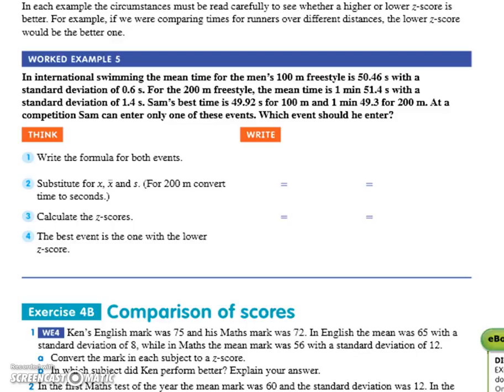So this particular question is a swimming one. It says in international swimming, the mean time for the men's 100-meter freestyle is 50.46 with a standard deviation of 0.6 seconds. In the 200 meters, the mean time is 1:51.4 with a standard deviation of 1.4.